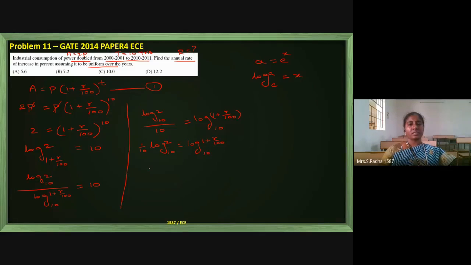If you take the power 1 by 10, 2 power 1 by 10, then if you cancel the logarithm base 10, 2 power 1 by 10 is the value of 1 plus r by 100. So 2 power 0.1 minus 1 is nothing but r by 100. R value is 100 into 2 power 0.1 minus 1. So you can calculate this R value.